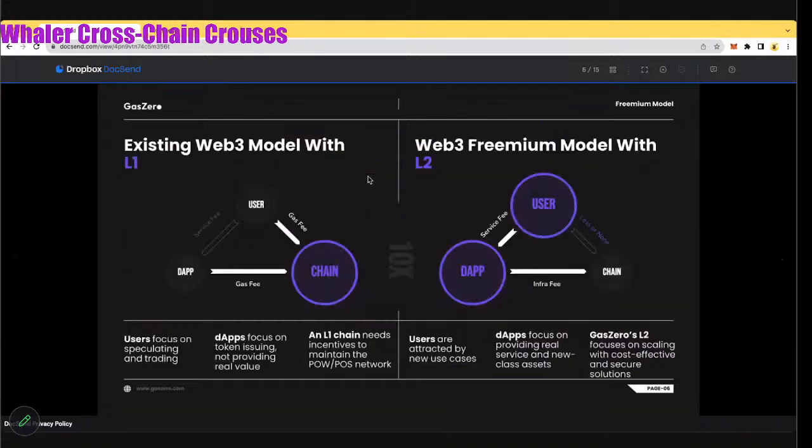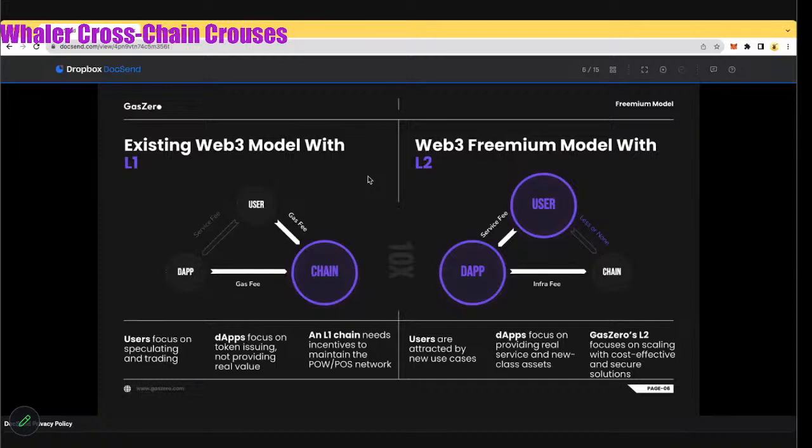All right, here is a very good slide, and it shows our business model. It compares the existing Web3 layer 1 model, what we have right now in the market, and the Web3 freemium model, what we have with GasZero. In the existing market, most blockchains are blockchain-oriented businesses.